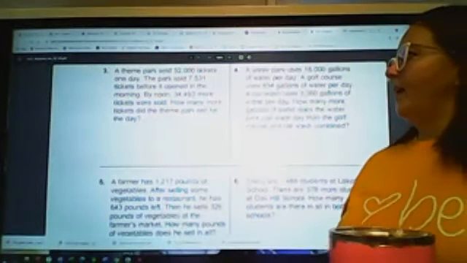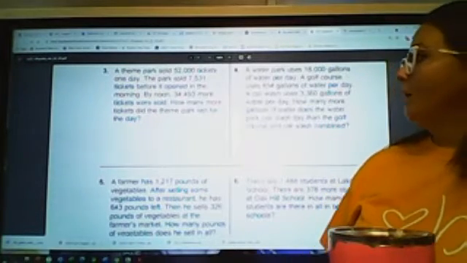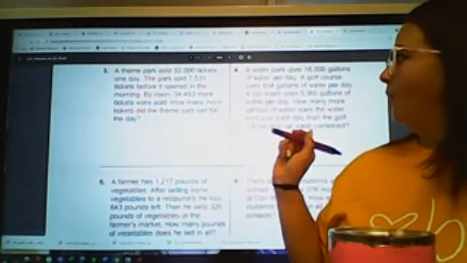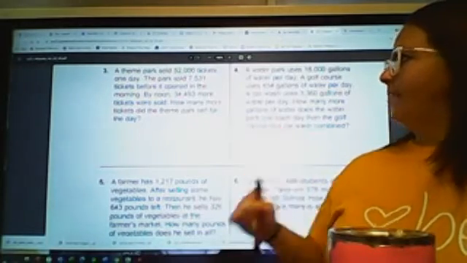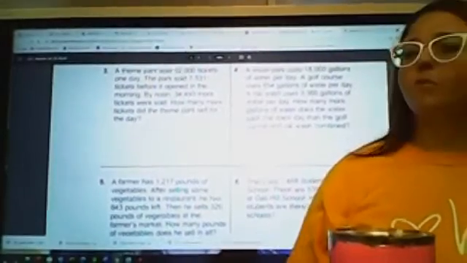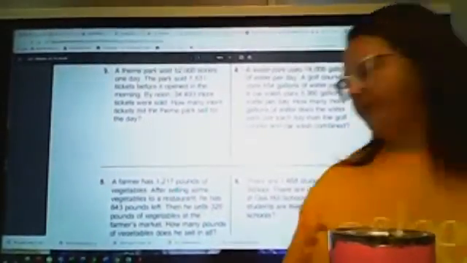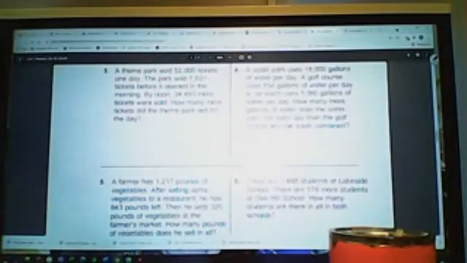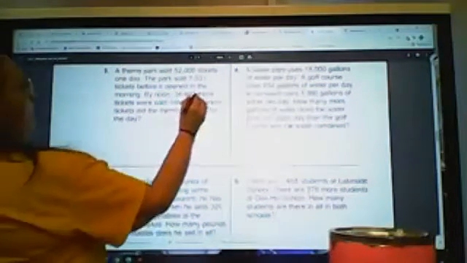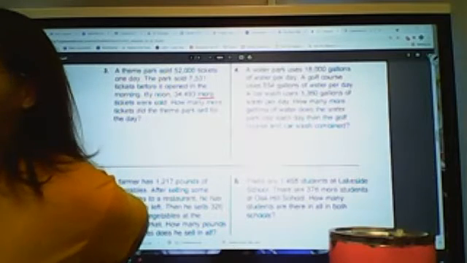By noon, 34,493 more tickets were sold. How many more tickets did the theme park sell for the day? Again, this is more than one step in this process, but what clue words do we see? Marilyn. More. Okay, more, yes. So they sold more tickets. So that's going to tell us that we would add.